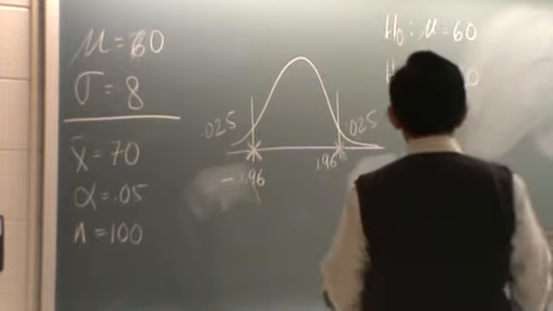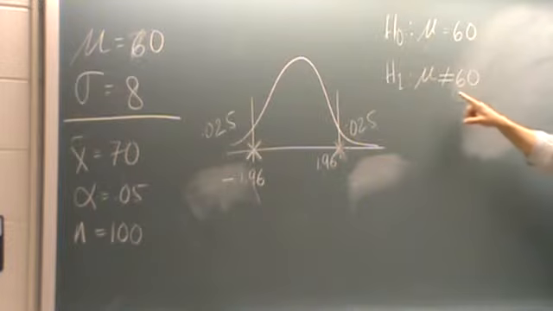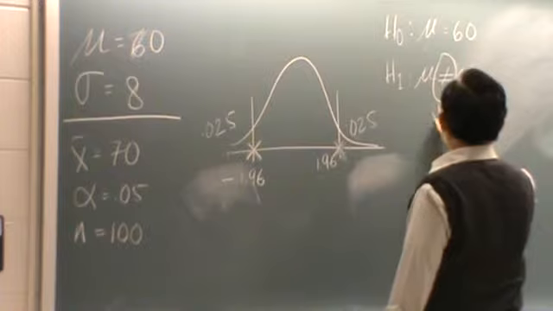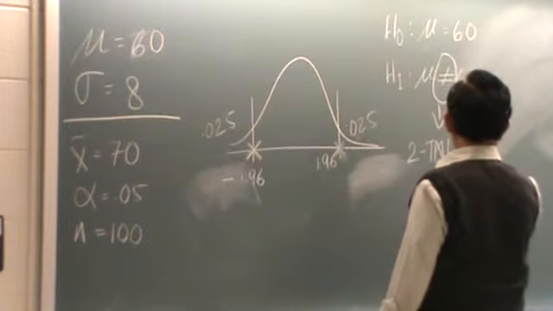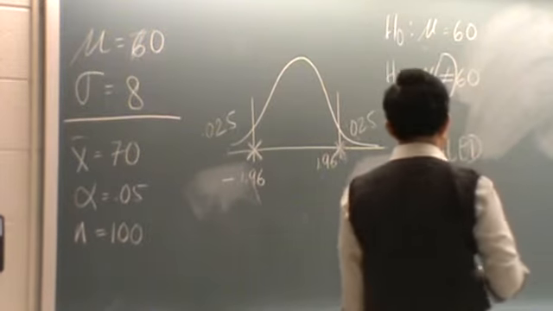Okay. So, first thing we wrote, the alternate hypothesis is mu not equal to 60. Not equal to meaning we are looking at a two-tailed test. This sign always indicates a two-tailed test.